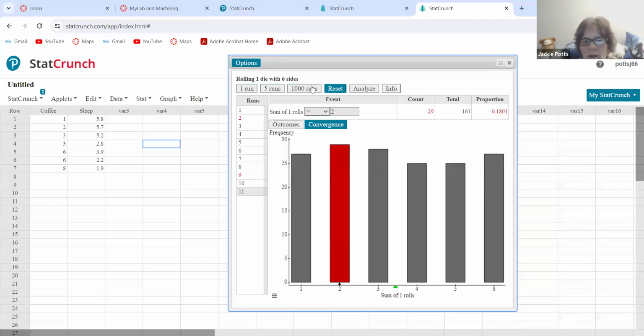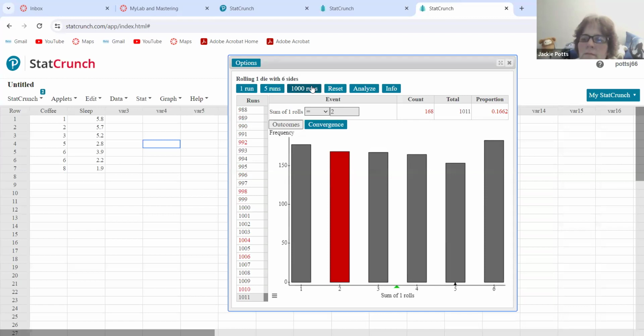Let's go ahead and crank it up and do 1,000. Didn't that go a lot quicker, 1,000 times? Now look at it. See how those bars are almost all even? This is my proportion for rolling a 2.